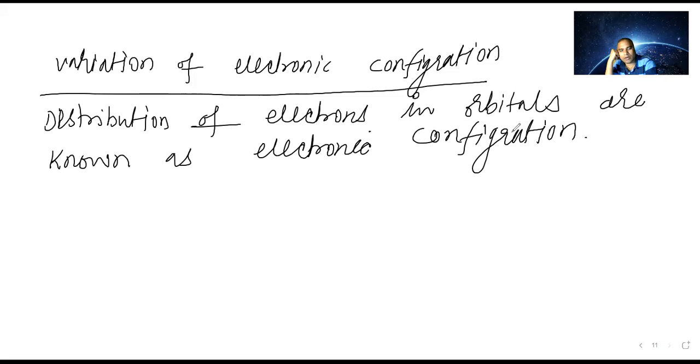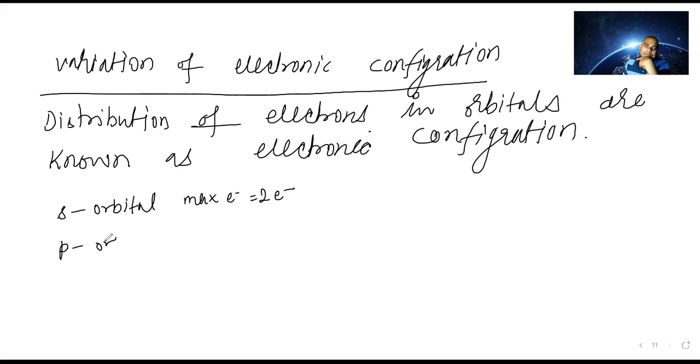Now, just now I told you in which orbital how many electrons are going to be present. For the s orbital, the maximum is 2 electrons, minimum can be 0.